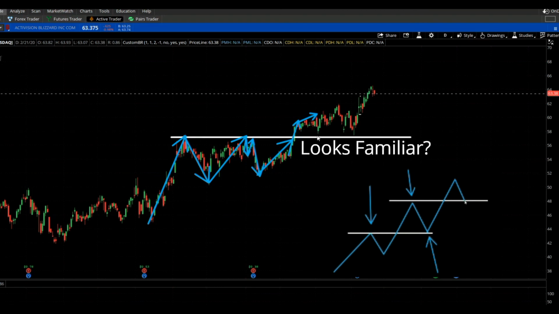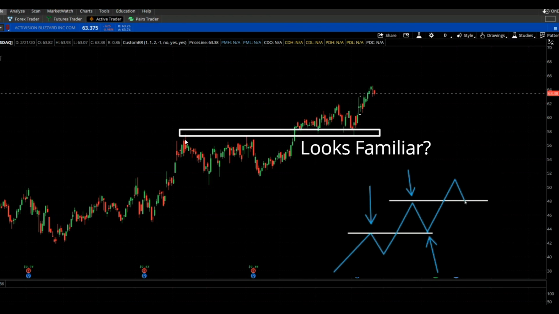Let me back up. See this wick right there? Even though it's not technically sitting on the line, you've got to remember, this is an area. So if we delete this, let me grab my box, change my color to white, and make a box here because this is an area.